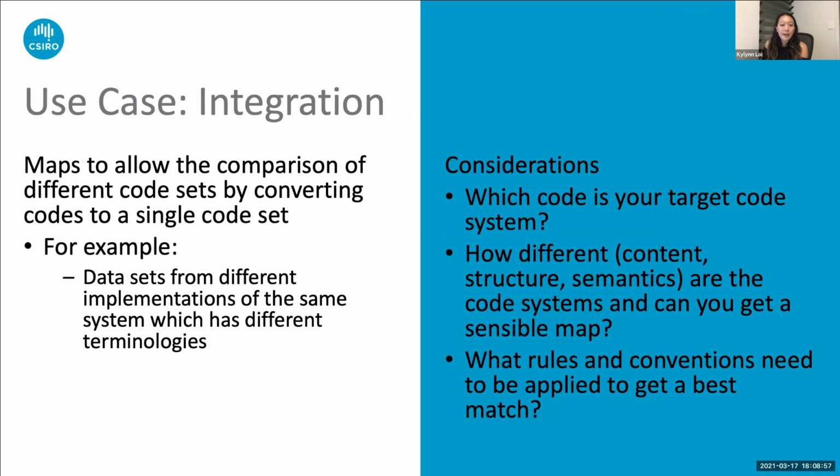So you need to think about which code system you want to pick as your target code system. How different in content and semantics are those code systems, and can you actually get a sensible map? And what rules and conventions need to be applied to get a best match? What compromises do you need to make in terms of granularity and specificity?